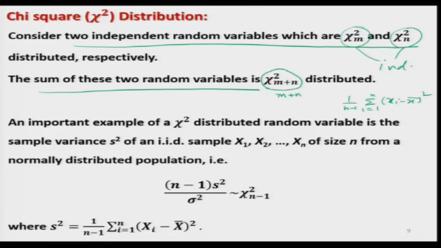How? An important example of a chi-square distributed random variable is the sample variance s square of x1, x2, ..., xn, which are IID, identically and independently distributed.